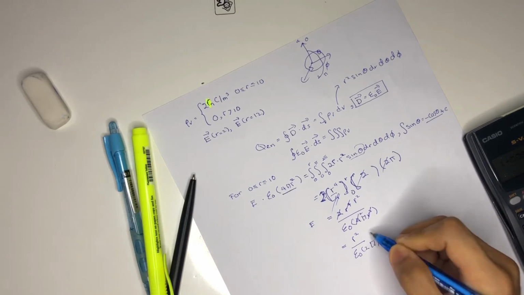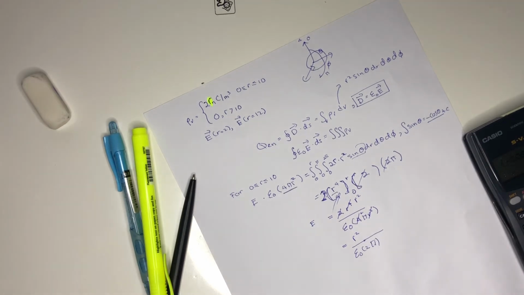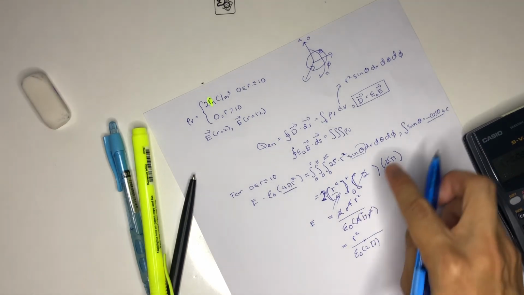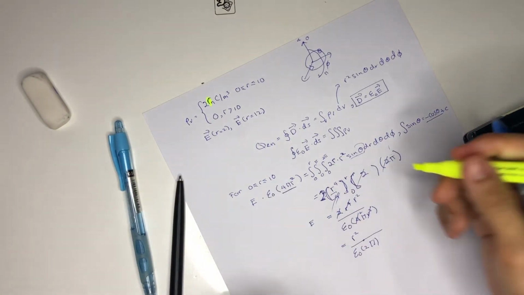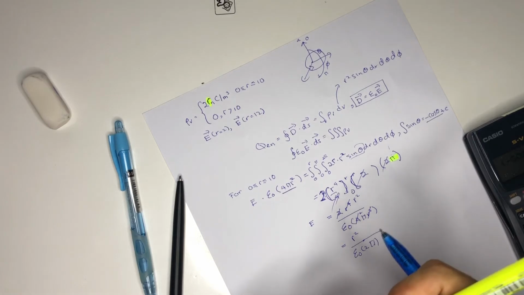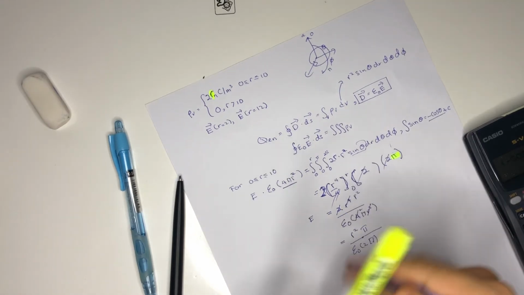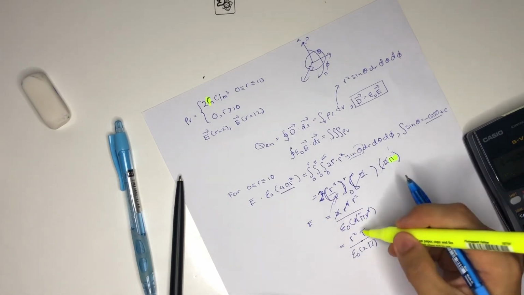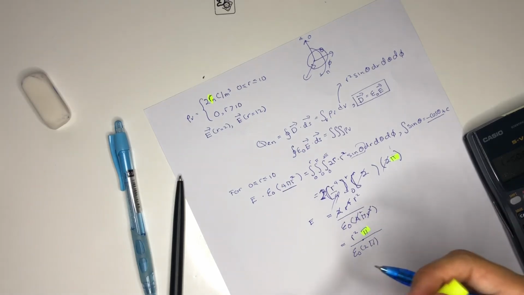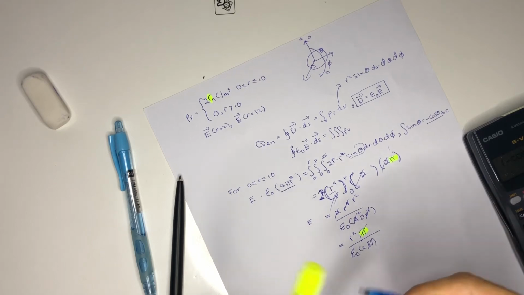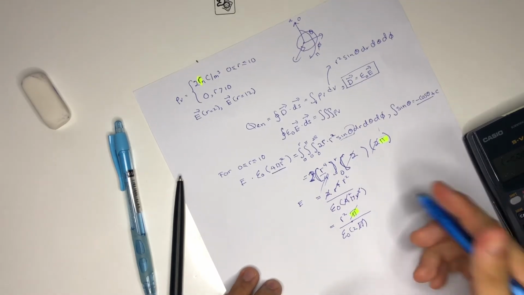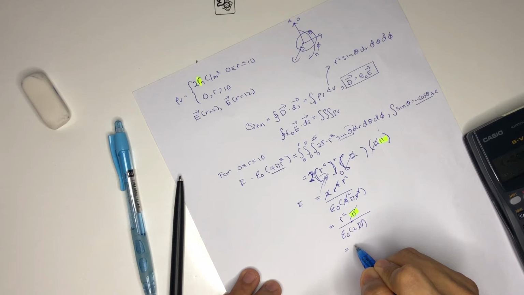Sorry, there is pi here as well, so basically it is cancelled out as well. So you have r squared over 2 epsilon naught.